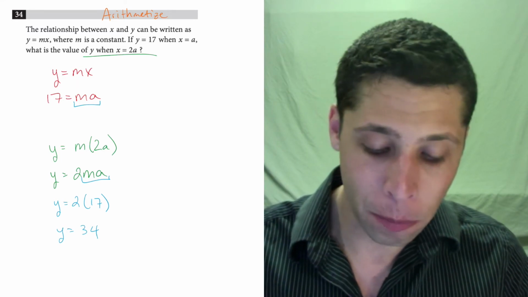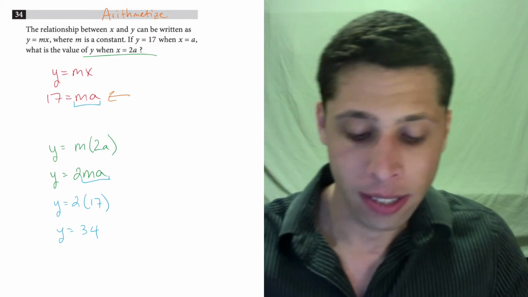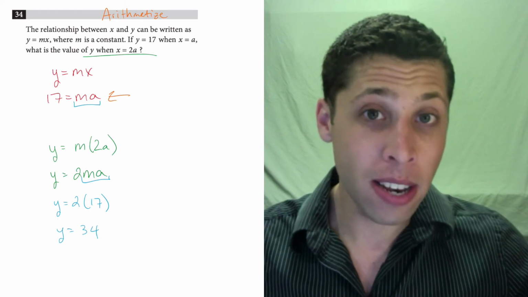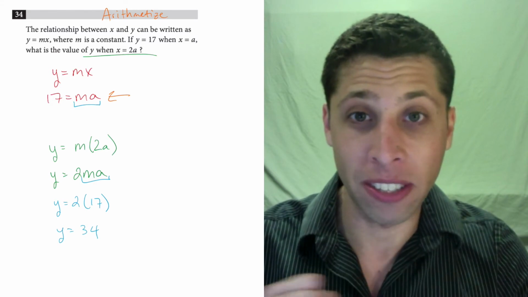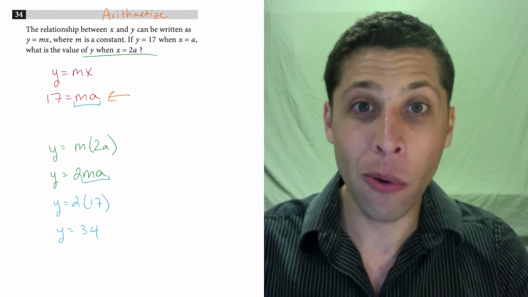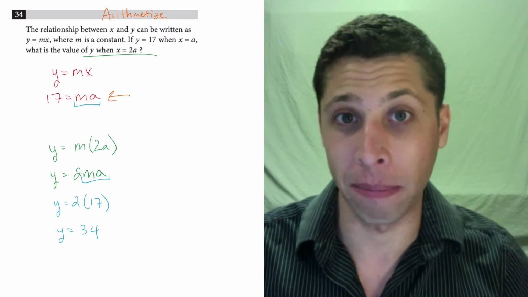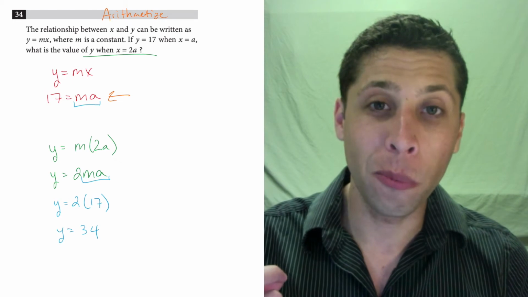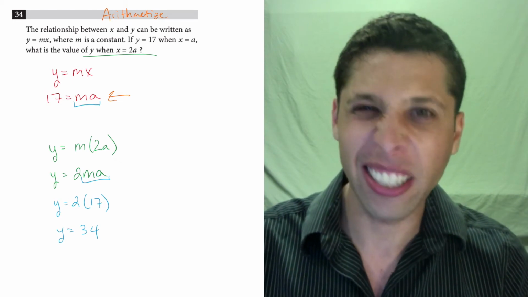So for example, in this original equation here, 17 equals ma. There are an infinite number of numbers that would multiply together to give me 17. So we actually could pick any combination of them and get the answer. So pick the easiest, most obvious combination and see what happens.